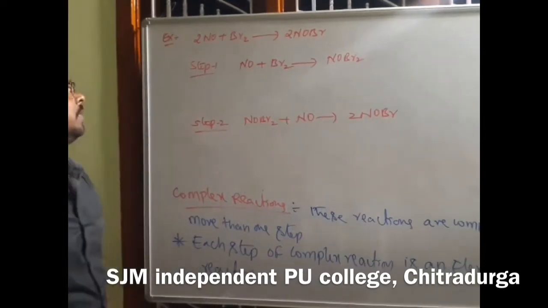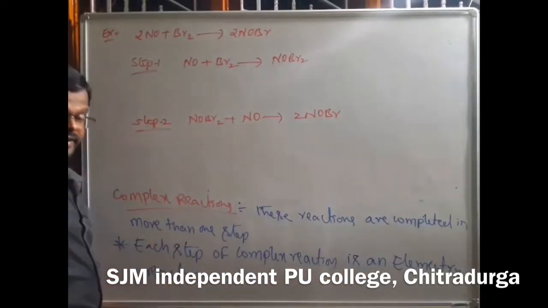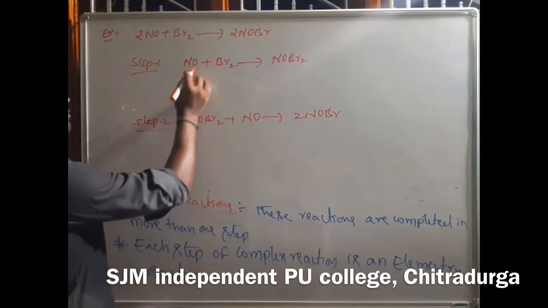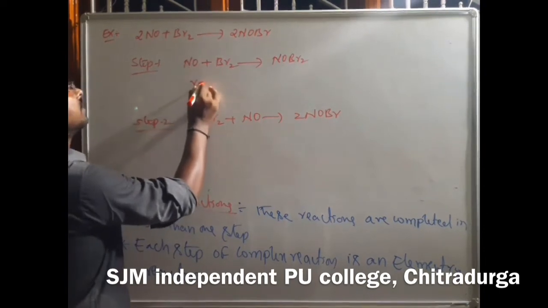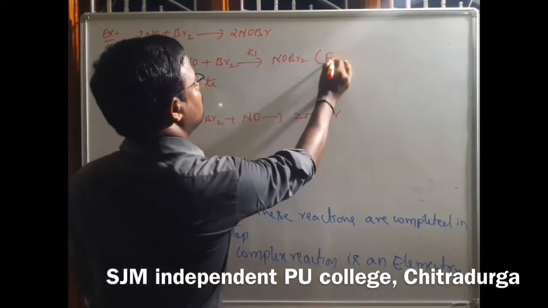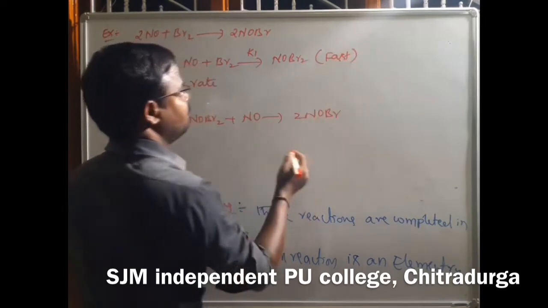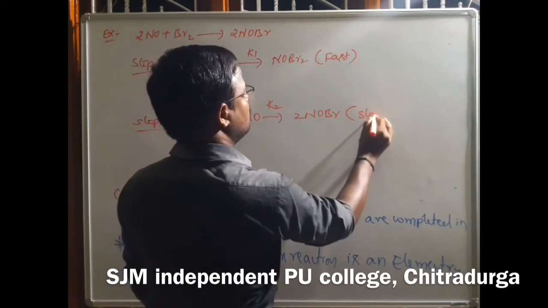As each step of a complex reaction is treated as an elementary reaction, for each of these elementary reactions we can write a rate equation. The first step has rate constant K1 and is the fast reaction, and the second has rate constant K2 and is the slow reaction.